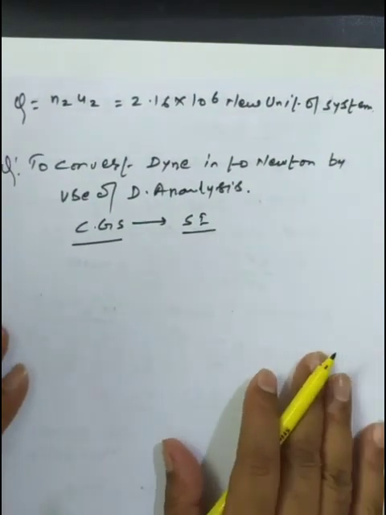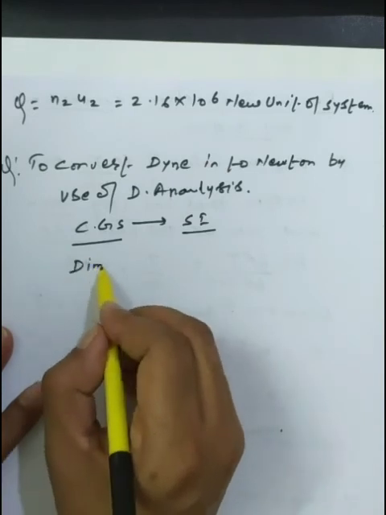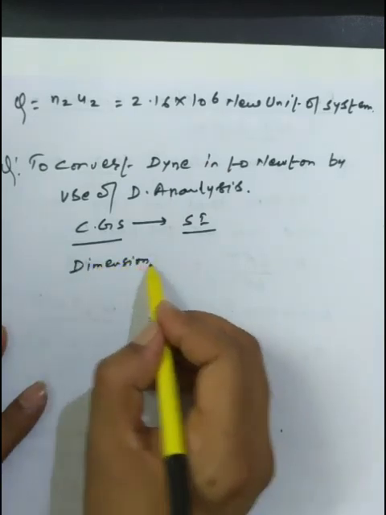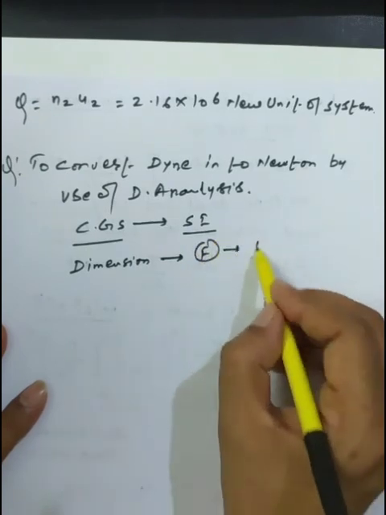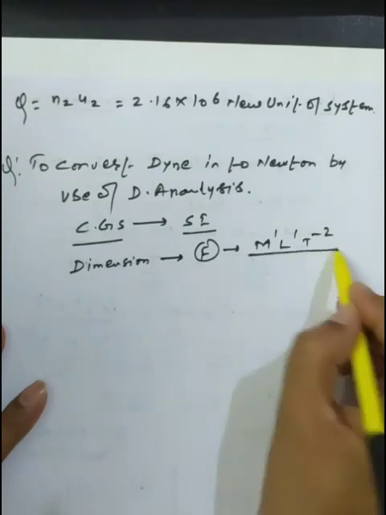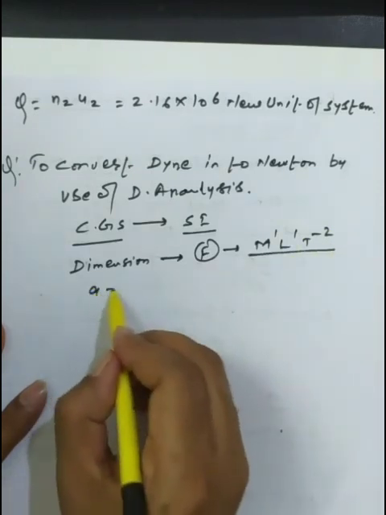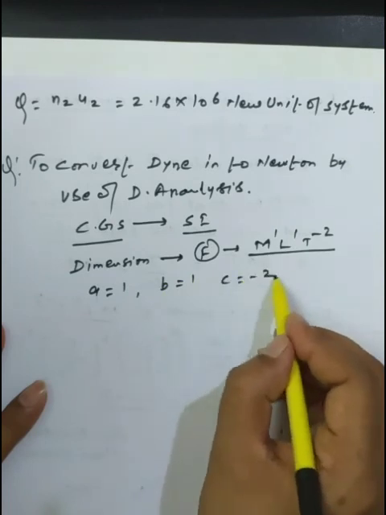Now we put the dimension of the force. The dimension of the force is M1 L1 T minus 2, so a is equal to 1, b is equal to 1, and c is equal to -2.